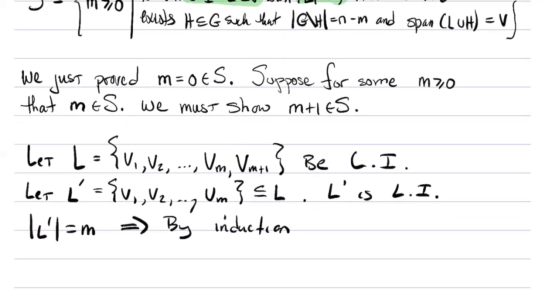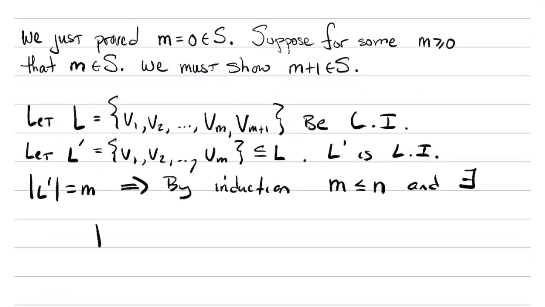what do we know? First of all, m is less than or equal to n, because the number m belongs to the set S. And there's some subset, I'm going to call it H prime. I'm going to name its elements U's: U1, U2, up to U(n minus m), because that's how big this H prime is.